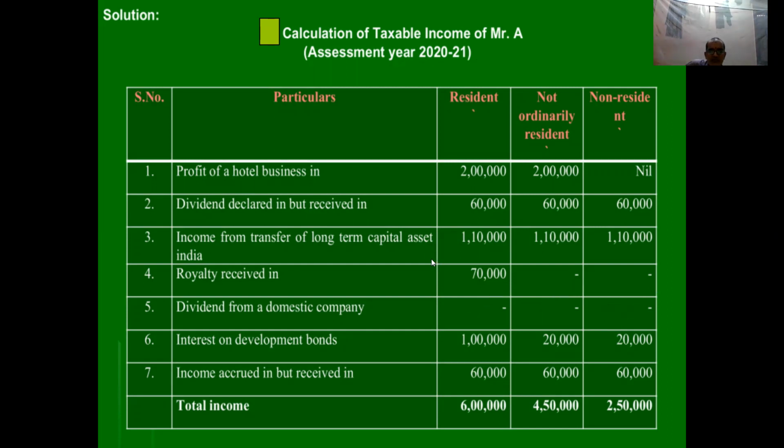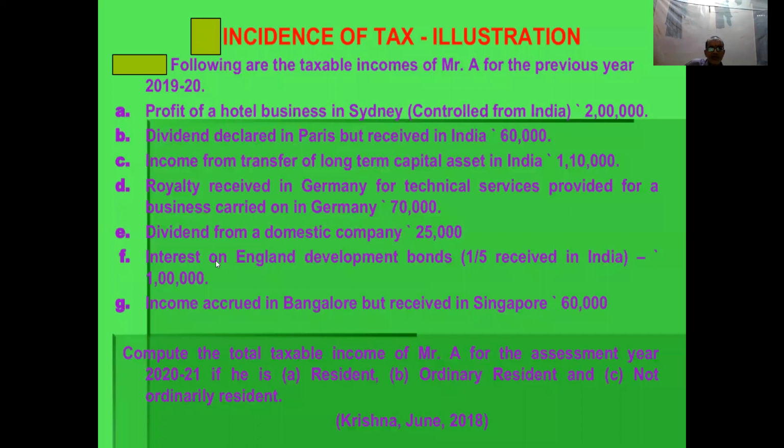Okay. Next one, interest on England development bonds. See properly. 1 lakh rupees interest came from England. Out of this 1 lakh, one-fifth was received in India.